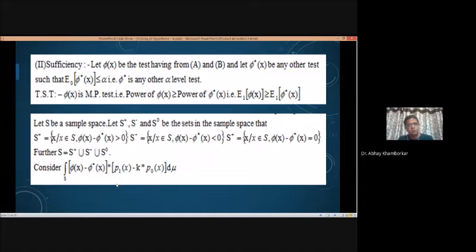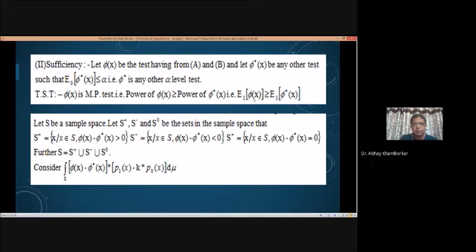Now consider one integration over S phi of x minus phi star of x into p1x minus k p naught x d mu, right? ये हमें calculate करना है, ये integration. Of course, I am going to convert this integration into this form ultimately.